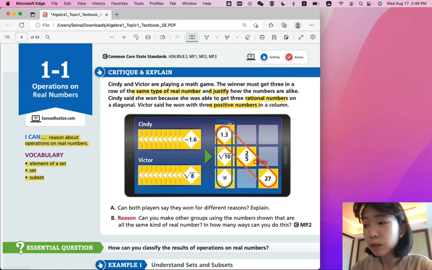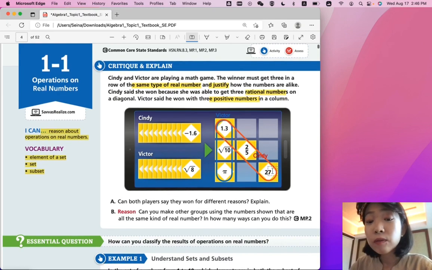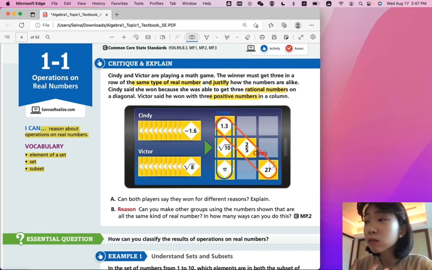Sure, Victor's numbers are also all real numbers. 2 are irrational, 1 is rational. Cindy's numbers are all rational numbers: a decimal, a fraction, and a whole number. So, if the game was to find all 3 rational numbers, Cindy would win.